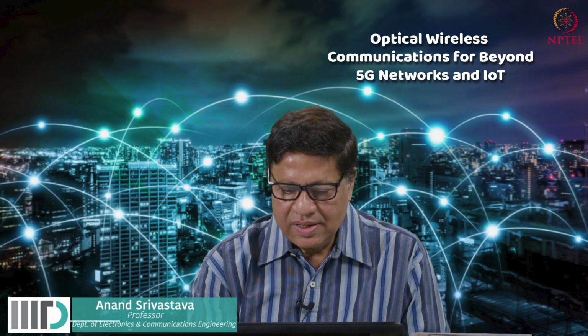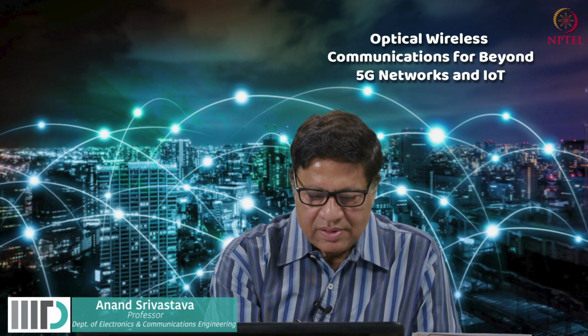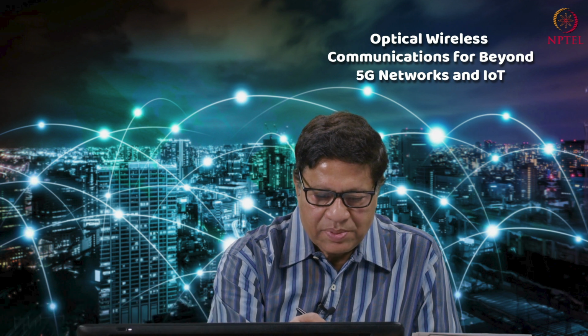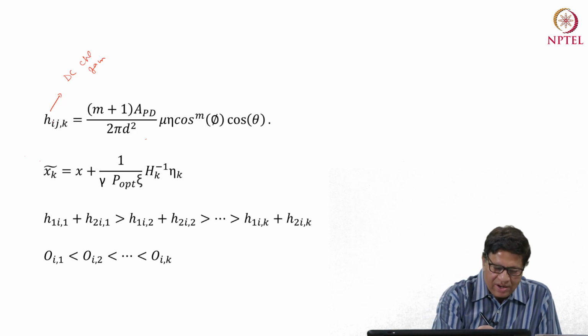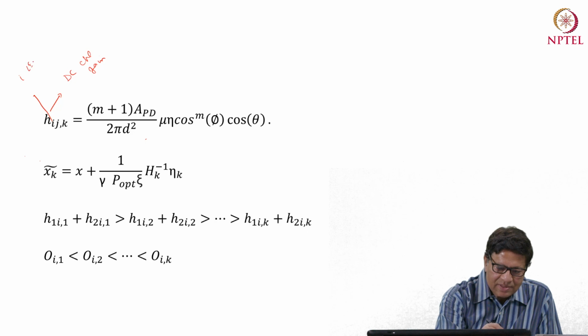Yeah, so now let us understand the DC channel gain in the optical wireless channel, which is defined as H_ijk, where i is the LED index. In our case, there are two LEDs, so i will have value 1 and 2. j is the PD index, the photodiode index.